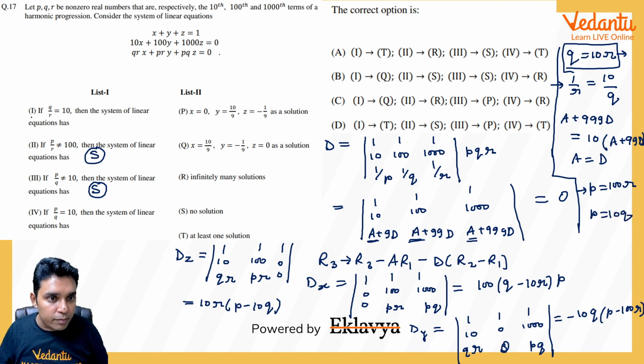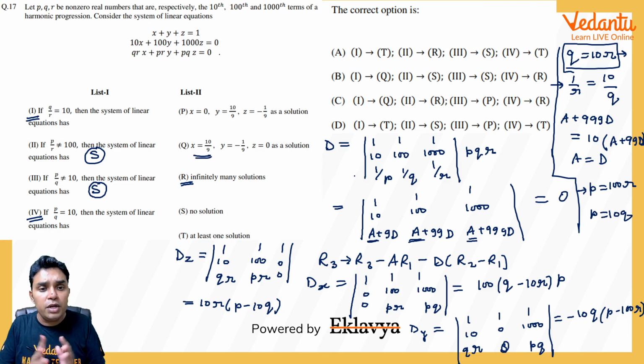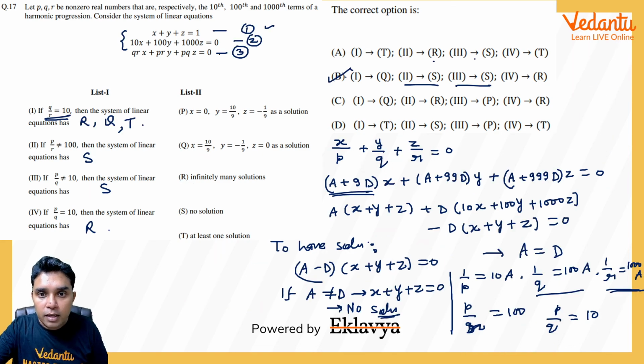So either Q upon R is equal to 10 or P upon Q is equal to 10, both will imply infinite solutions. And these values, because they are satisfying this, are one of the solutions. There is no need to find the solution in general form, because option putting is sufficient to get that answer. So here you can check, the answer is coming out to be B.